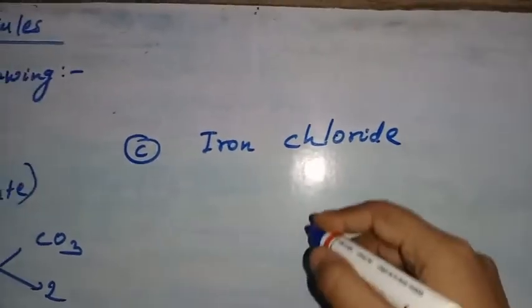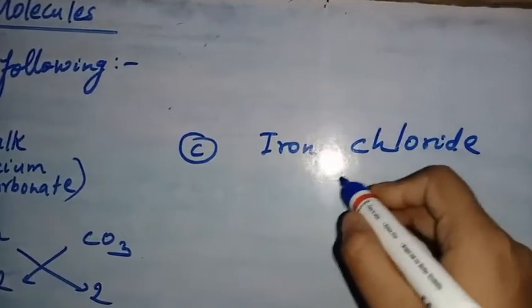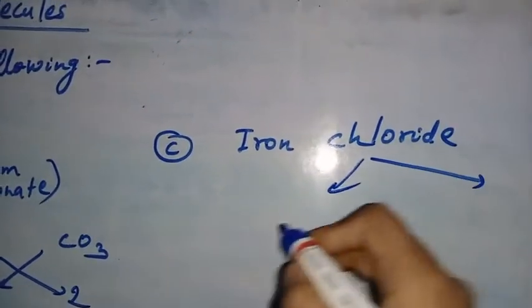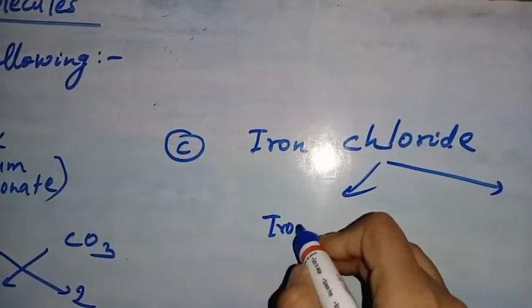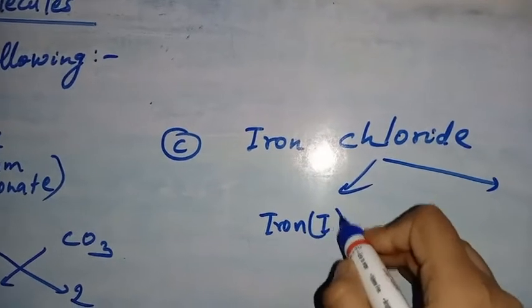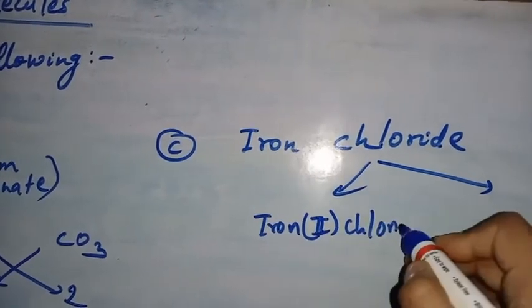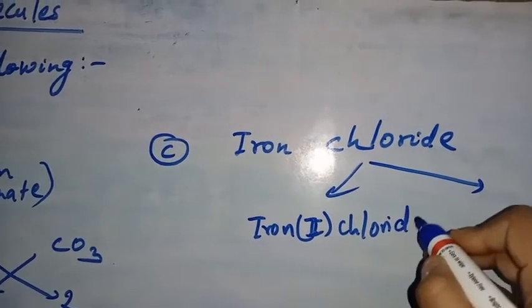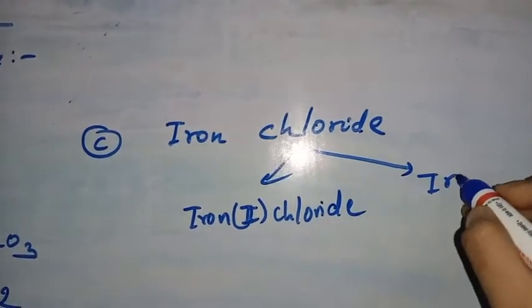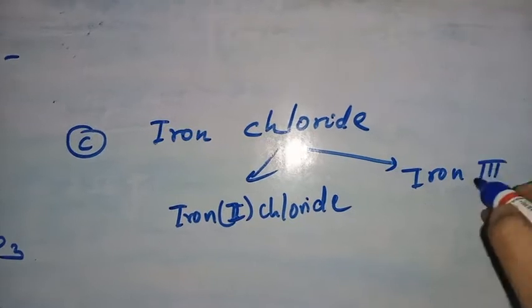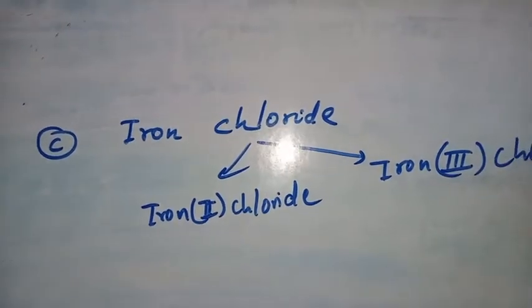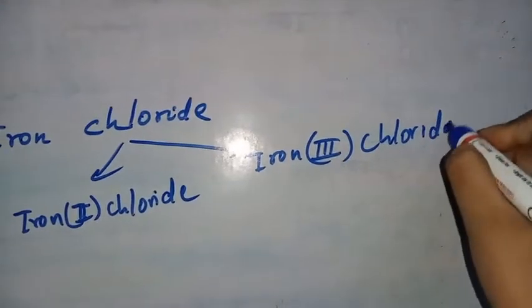So first we'll write iron chloride. It may be in the form of iron 2 chloride, or it may be in the form of iron 3 chloride.